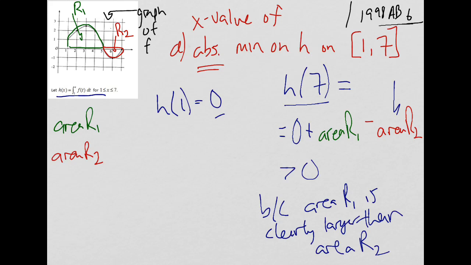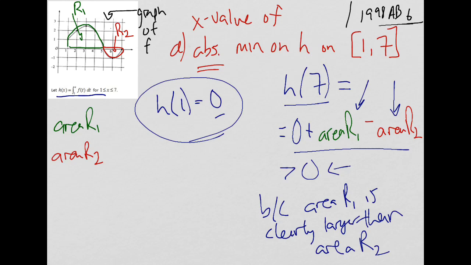So that when I subtract that, it's not going to beat this. So this whole sum of these three things is going to be bigger than 0. So since that's bigger than 0, and I know that h of 1 is 0, then I know that h of 1, the integral that starts right here, is going to give me the smallest value on the interval from 1 to 7.